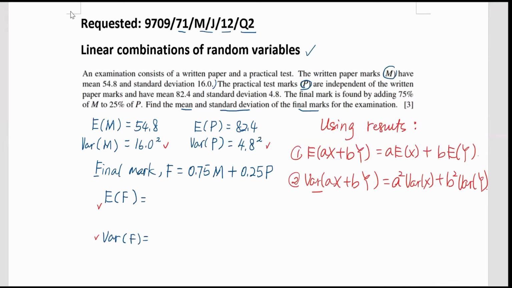Now according to the results, point 1, to find the mean, we can write it down like this.